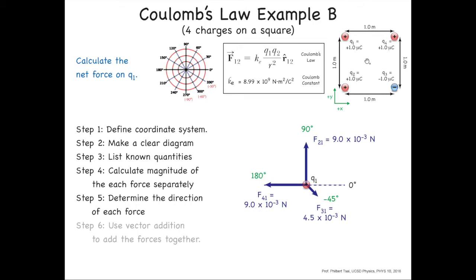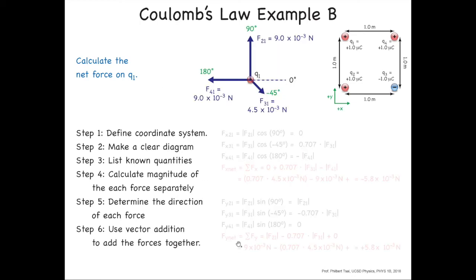Finally, the third vector is when we consider the only two charges to be there as Q1 and Q4. Q4 is glued in place. Q1 is going to feel a repulsive force, which means it's going to want to push this way, which is in the negative x direction, which is 180 degrees over here. All right.